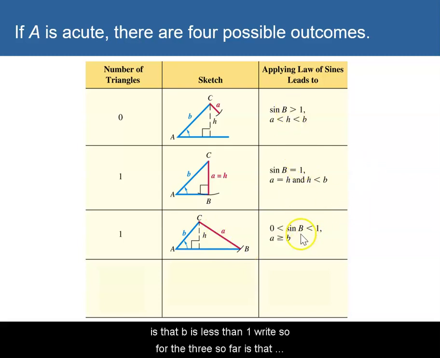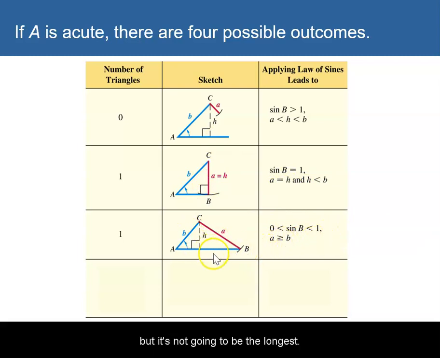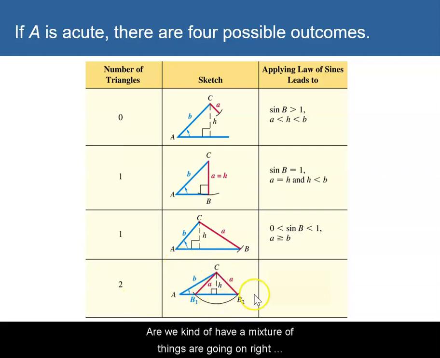For the three so far: it's larger than 1, which is not going to give us a triangle; sine of B is equal to 1, in which case A is the height; and sine of B is in between 0 and 1, in which case A is longer than B, but it's not going to be the longest side.